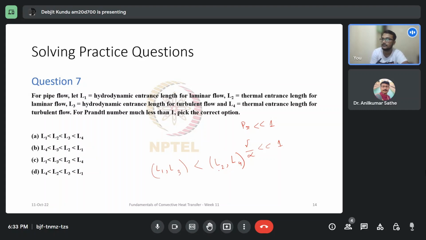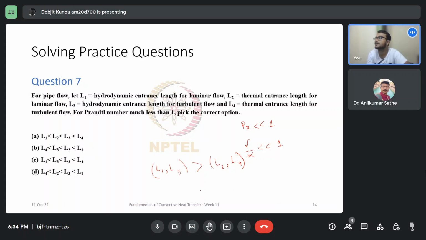So among L2 and L4, which one would be smaller? L2 is the thermal entrance length for laminar flow and L4 is the thermal entrance length for turbulent flow. Did I do this correctly? No, this is incorrect. So L2 and L4 are the larger ones, they are the thermal entrance lengths. Among them, the turbulent one would be even smaller.